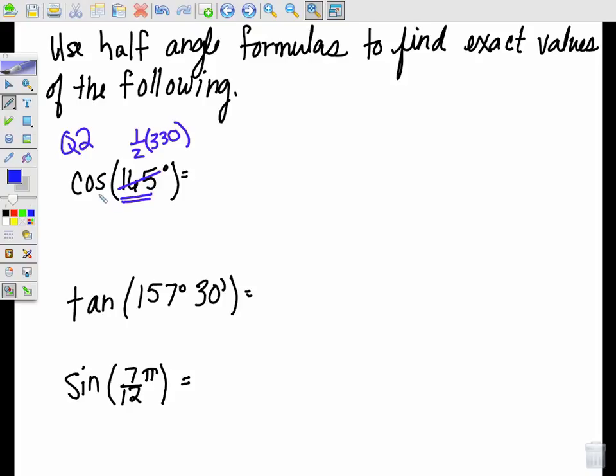We need to look at the 165, not the 330. So in quadrant 2, I know my cosine is negative. So negative square root of 1/2 times 1 plus the cosine. And what is the cosine value of 330? The cosine of 330 is root 3 over 2.